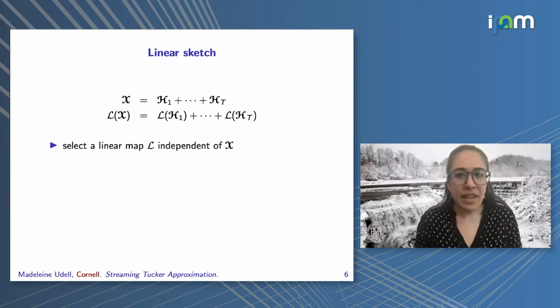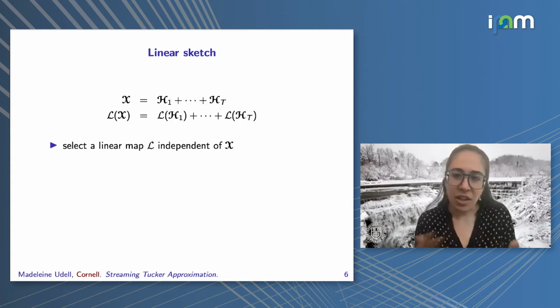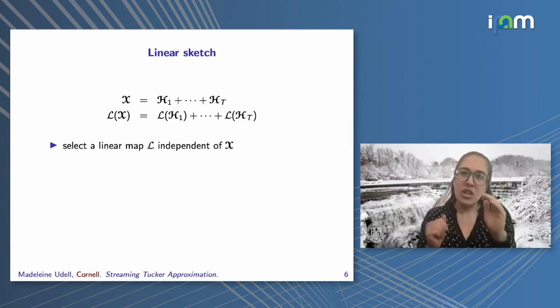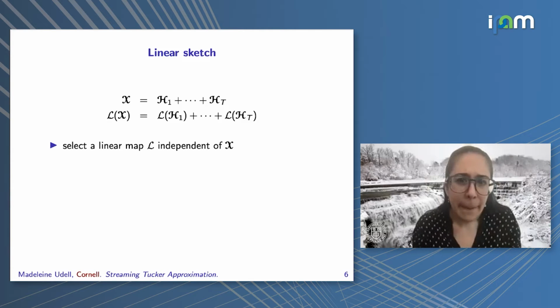But the reason that I might be interested in this is if each of the H's is simpler than the overall tensor X. So although they're each the same size, you shouldn't imagine that they're all dense tensors. X might be a dense tensor, whereas H maybe only has one non-zero slice. I'm not going to tell you which particular slice, but a common application is that there's one distinguished dimension, and each of these H's is non-zero only along one slice along that distinguished dimension, which is maybe time. I see. Okay, thank you.